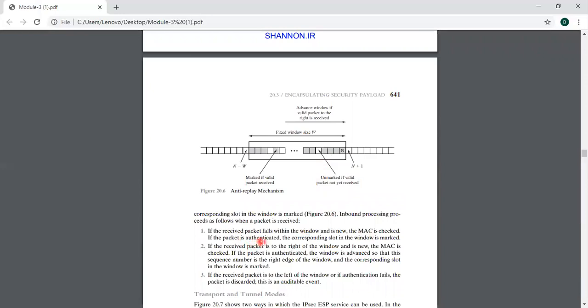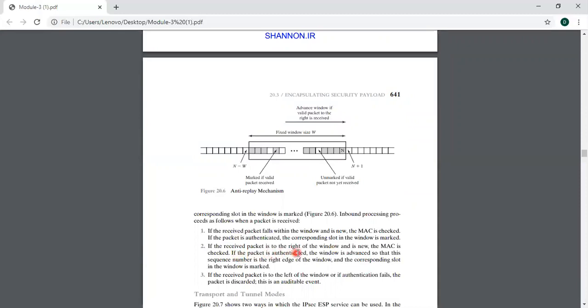If the packet is authenticated, then the corresponding slot in the window is marked. These boxes are filled, and the filled boxes indicate that we have received an authenticated packet.